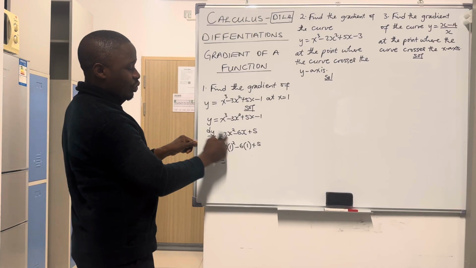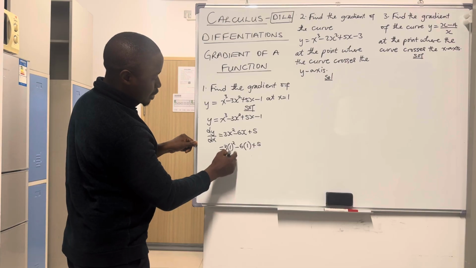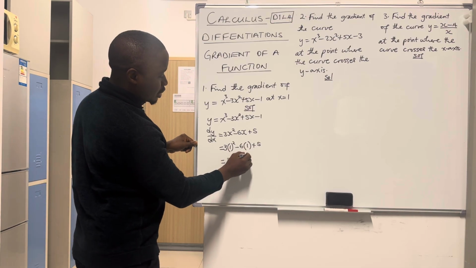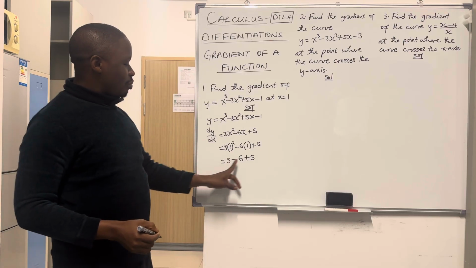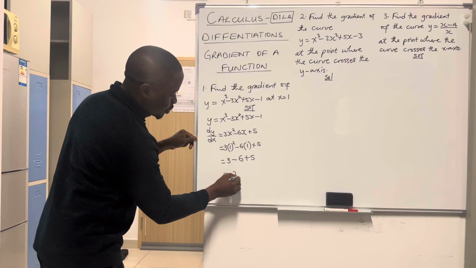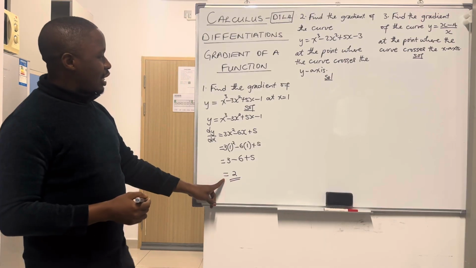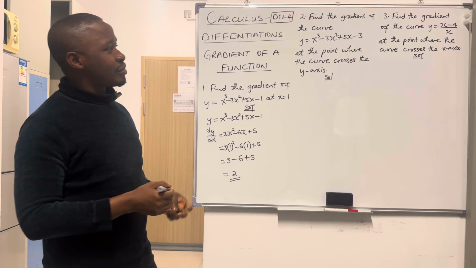So 1 raised to any value is 1, times 3 is 3. 6 times 1 is 6, plus 5. So 3 plus 5 is 8, minus 6, we have 2. So this is the gradient of this function at x equal to 1.